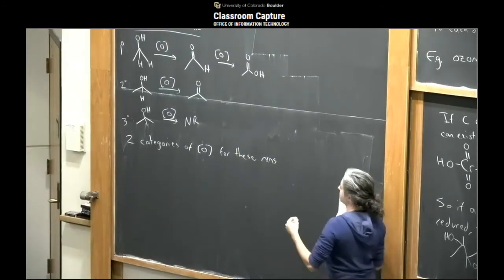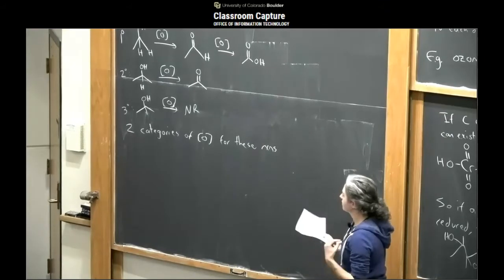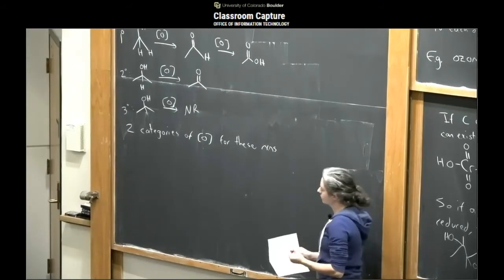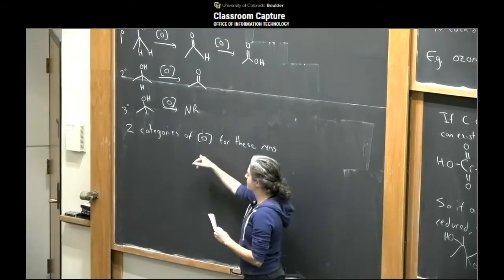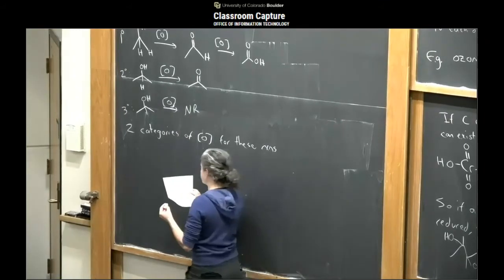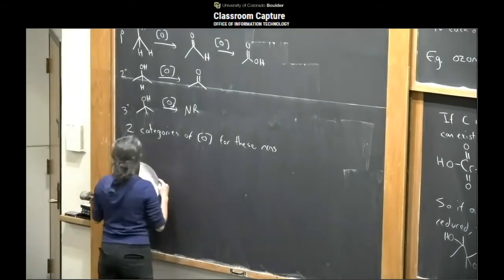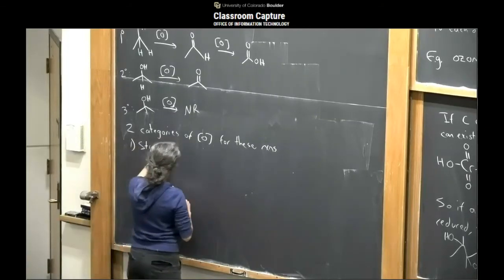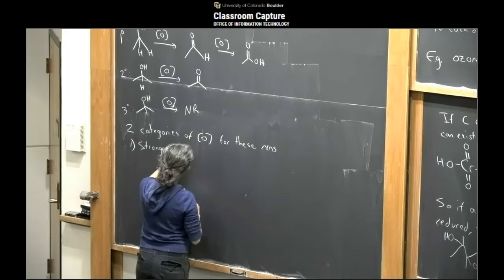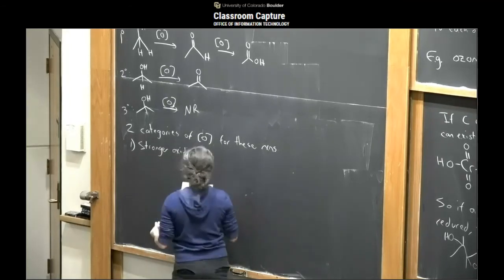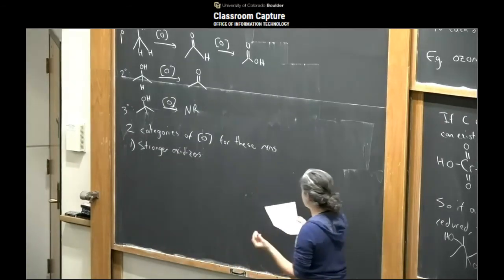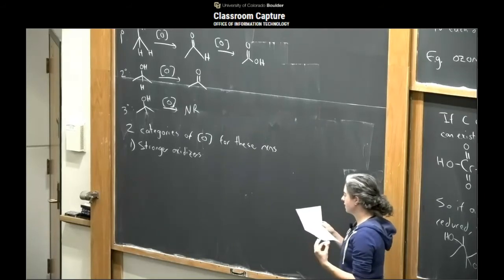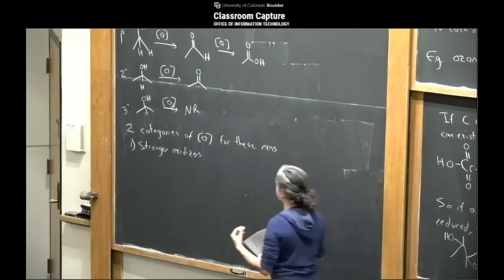I think the book describes them as strong or weak oxidizers. Stronger oxidizers are pretty much any version of chromium-6 in the presence of strong acid or water.